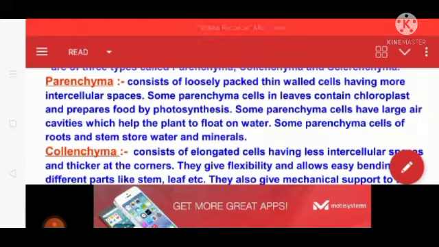Now we will discuss about the collenchyma. Those parenchyma which have extra deposition of cellulose and hemicellulose on the edges of the cell are called collenchyma tissue.